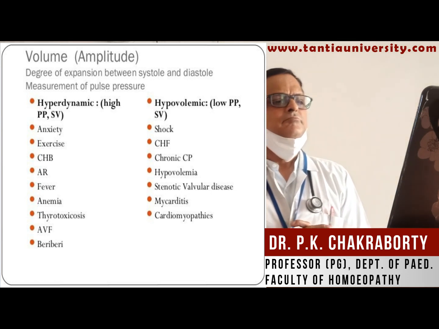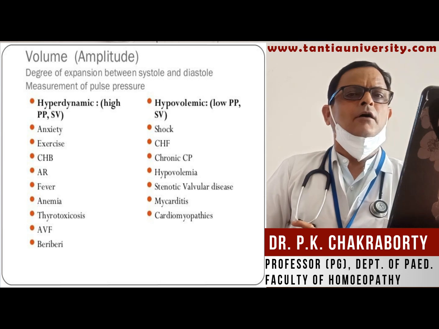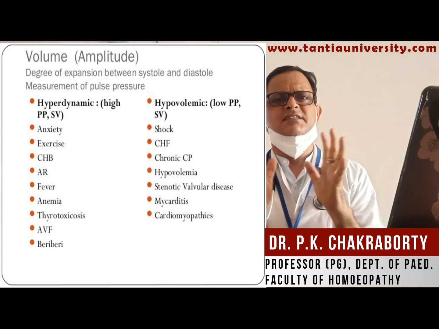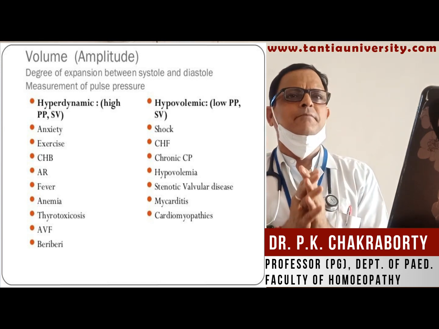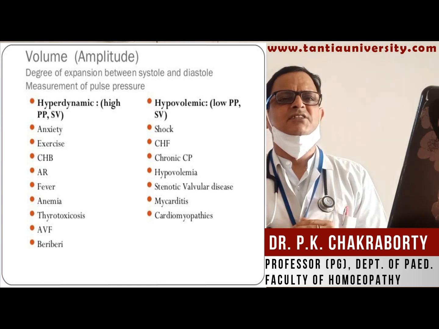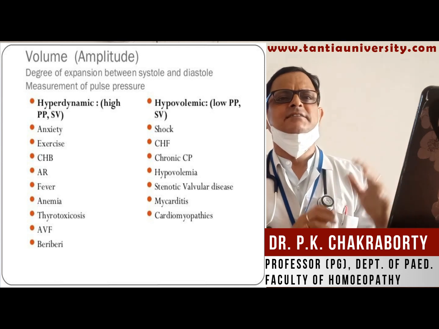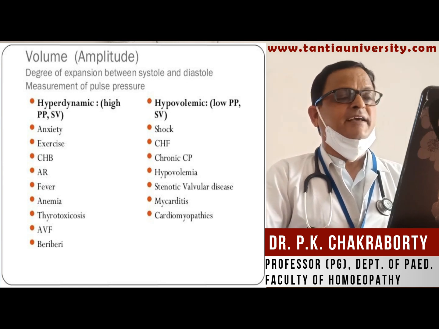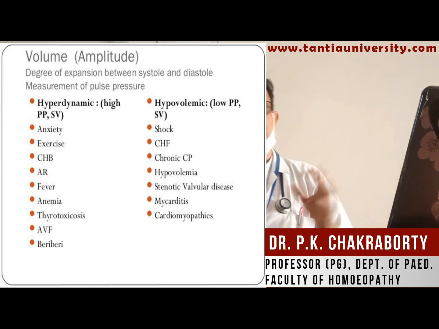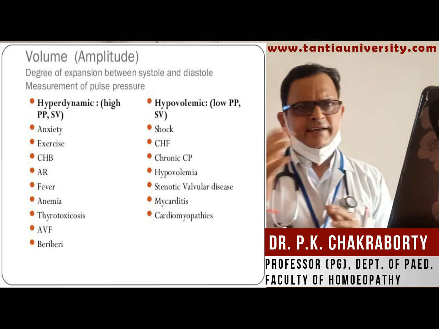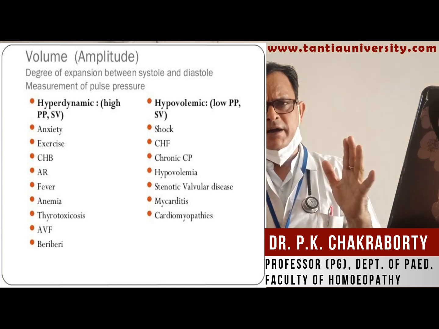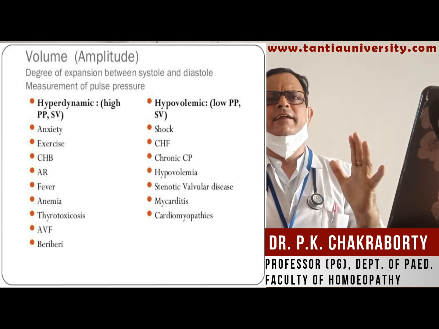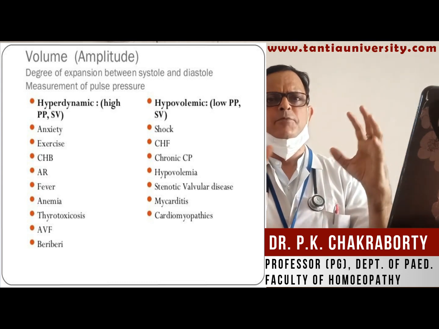Myocarditis or constrictive cardiomyopathies: in every case the contraction is less. In myocarditis also contraction is less. In dilated as well as constrictive cardiomyopathy, dilated cardiomyopathy means the myocardium is affected. The elongated myocardium is not sufficient to maintain a proper stroke volume.